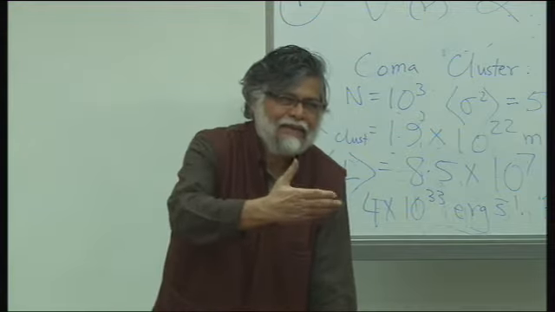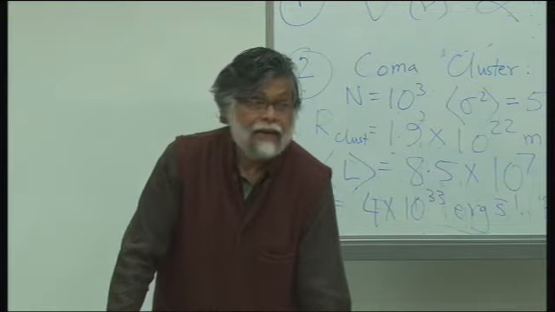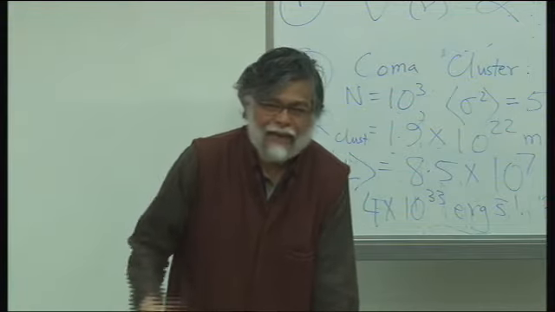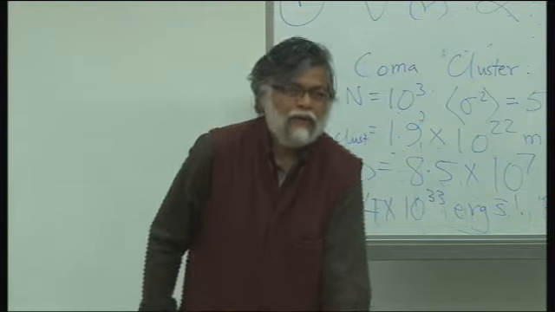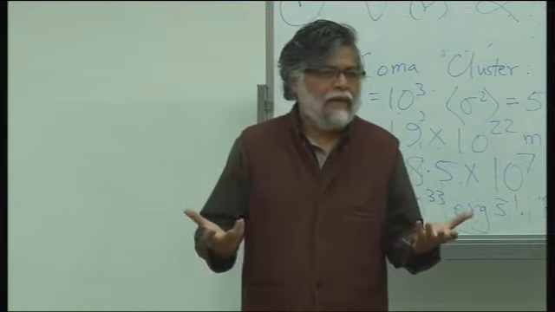There's another challenging problem. I don't know whether Professor Subir Sarkar will talk about it. Many of the distant quasars show very massive black holes, a billion solar masses and more.